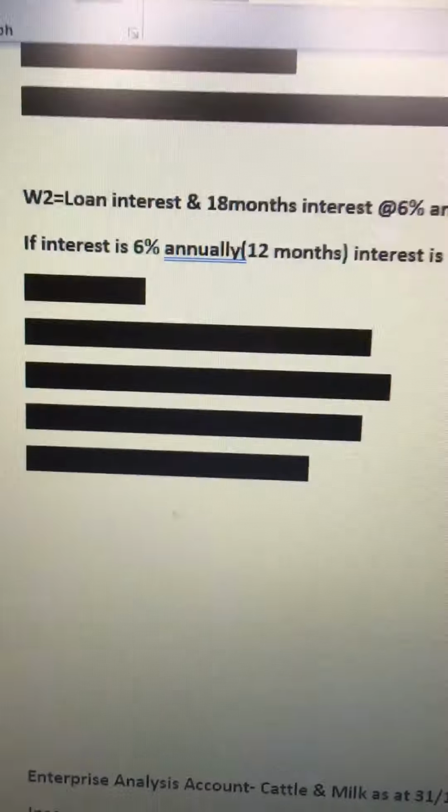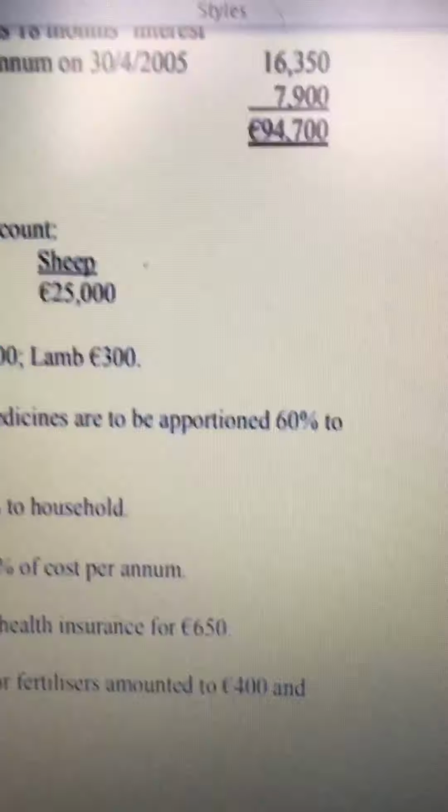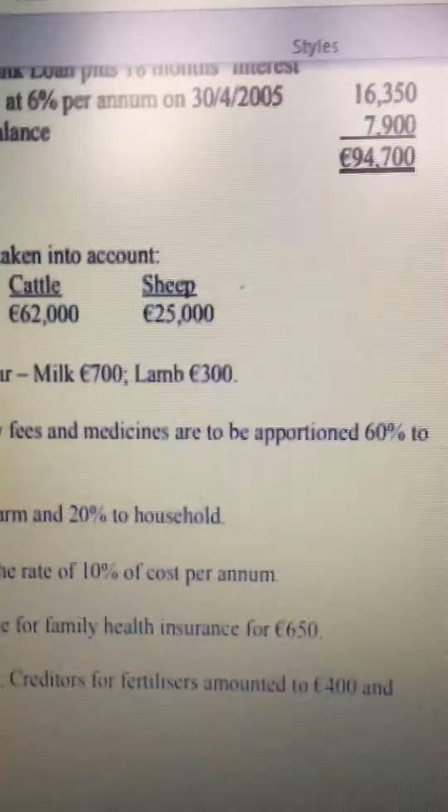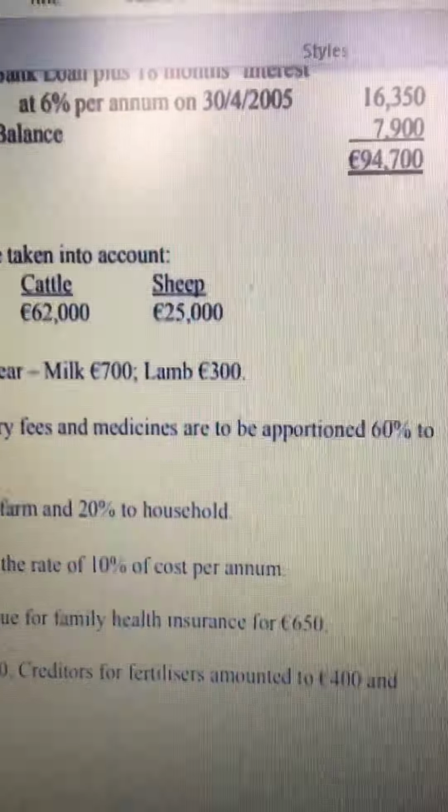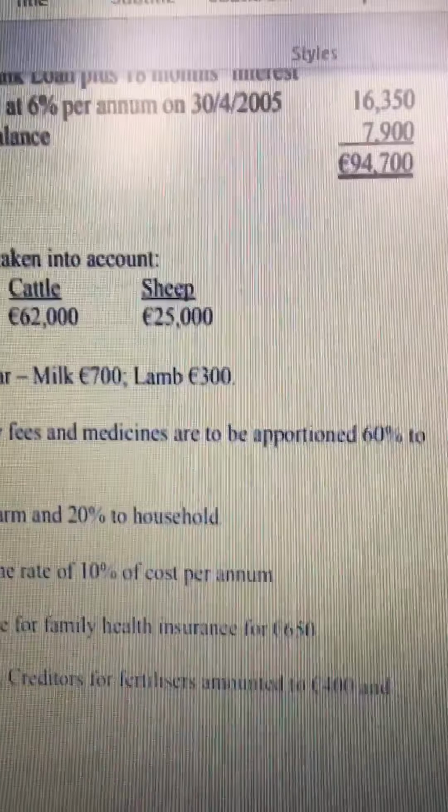Okay. The next working then is working 6 for the fertilizer. This one, it tells us in the question, is €3,000. Now, have a look at the notes as well in relation to the fertilizer and see if it mentions anything else there. So, where is it there now? Oh yeah, so it says creditors for fertilizers amounted to €400. So this is at the 31st of the 12th. So we've creditors for fertilizer for 400.